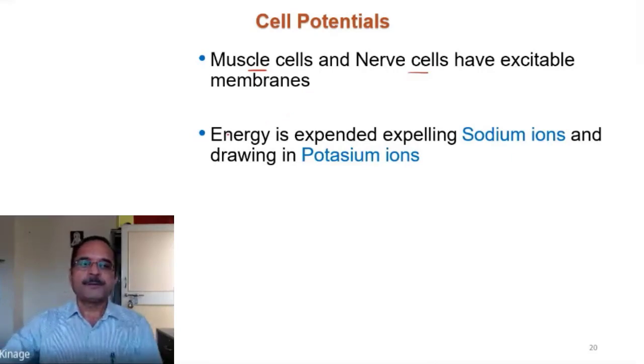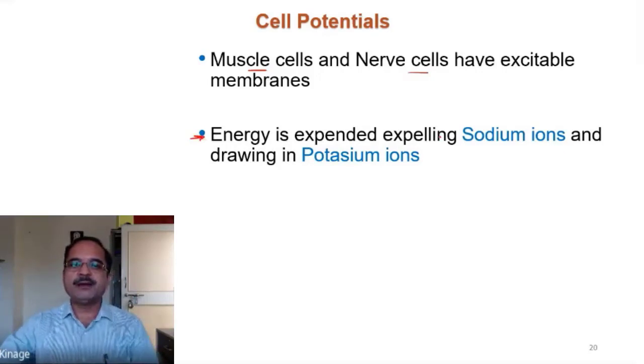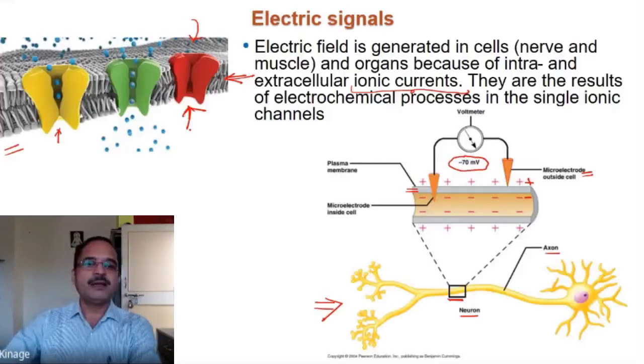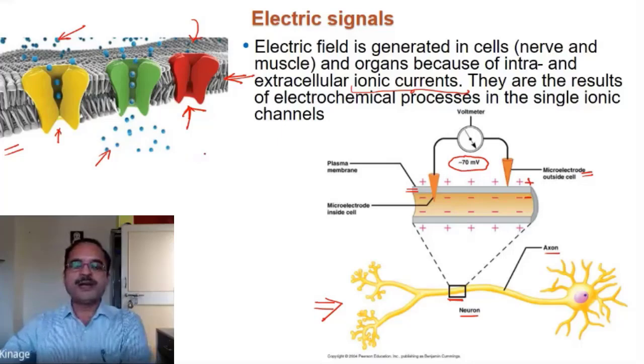Now when these cells are excited, some energy is expended while expelling the ions or drawing the ions inside, sodium and potassium ions. So when these cells are excited, the movement of the sodium and potassium ions, as shown here, takes place, and because of that the potential is going to change.